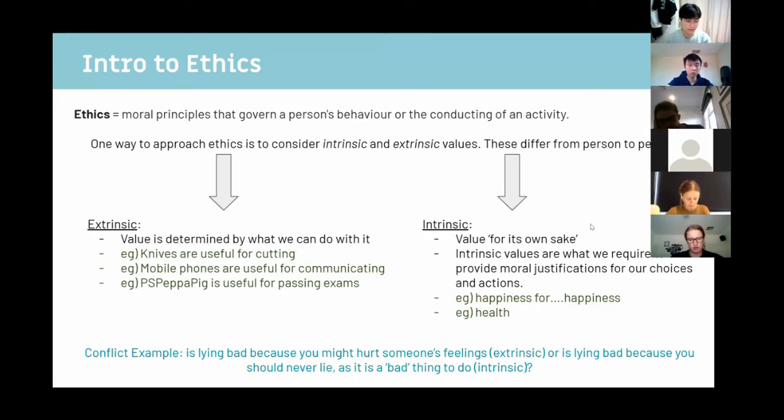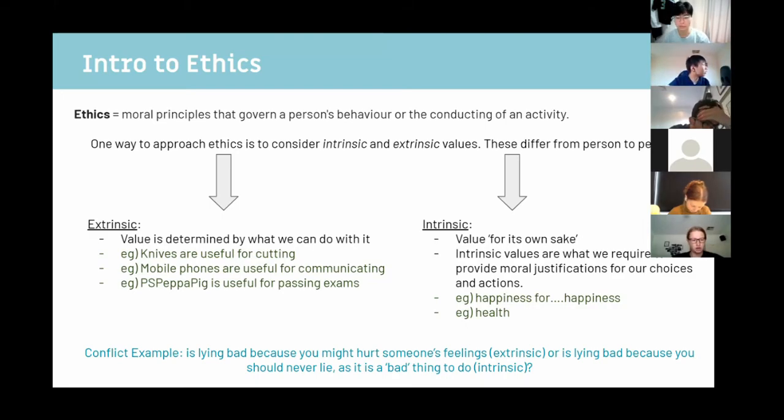So what is ethics? It's the moral principles that govern a person's behavior or the conducting of an activity. Because it's really subjective, over the years different people have come up with different ideas of what ethics really is. One way to consider ethics is to think about extrinsic and intrinsic values.